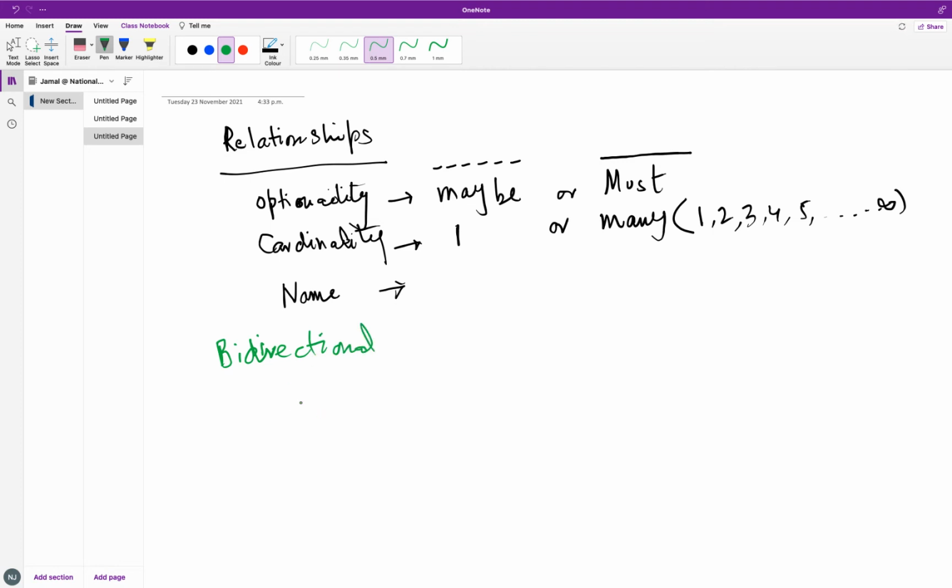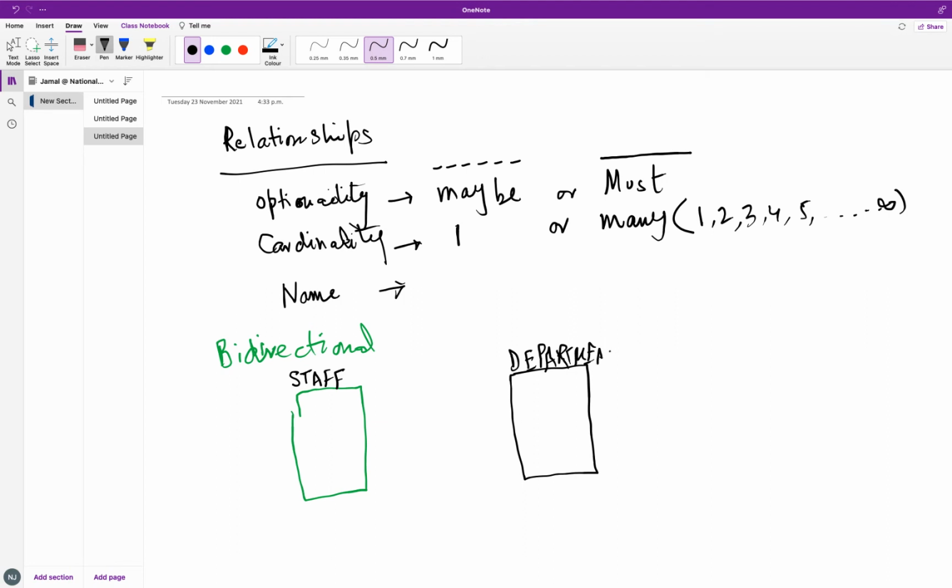So for example I have one entity, let me go back to green. For example staff, one entity, and obviously this staff would belong to some department.